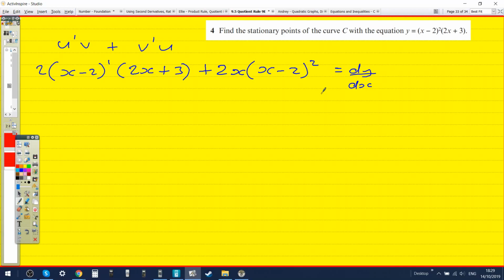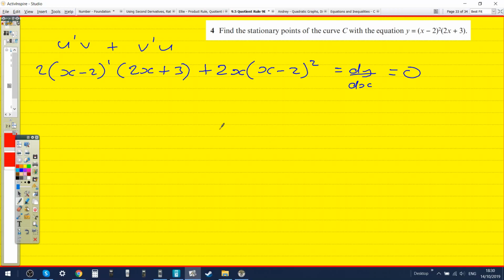Well, basically the whole thing is equal to 0, and that's what you solve.